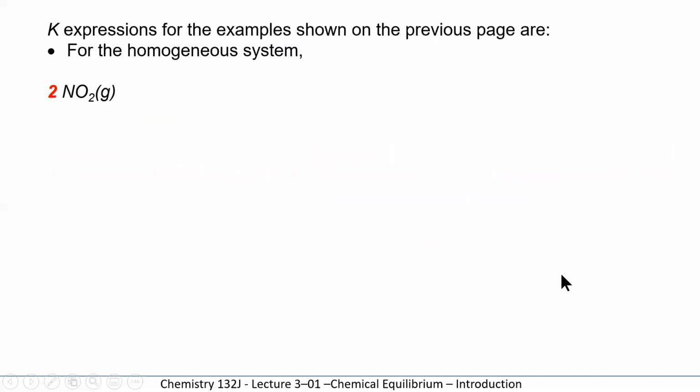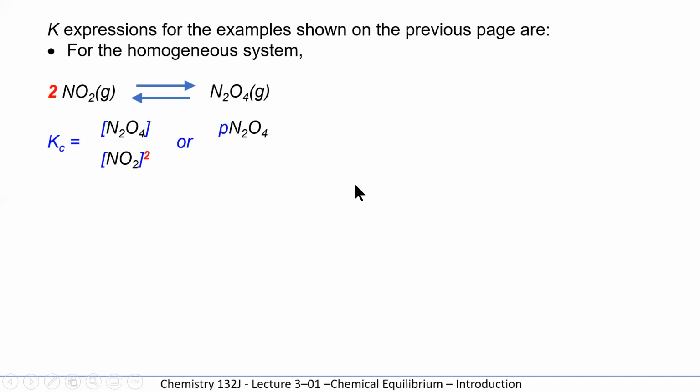So for a homogeneous system, we are going to include all the participants because they're all in the same phase. Now we can say, if we use concentrations, we can use the subscript c to denote the equilibrium constant using concentrations. So the concentration of N2O4 in moles per liter divided by the concentration of NO2 squared, which would be moles per liter squared, is going to equal Kc.